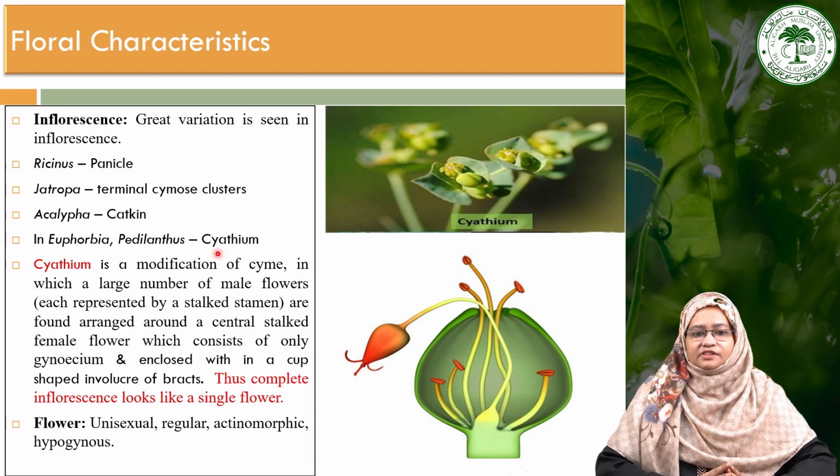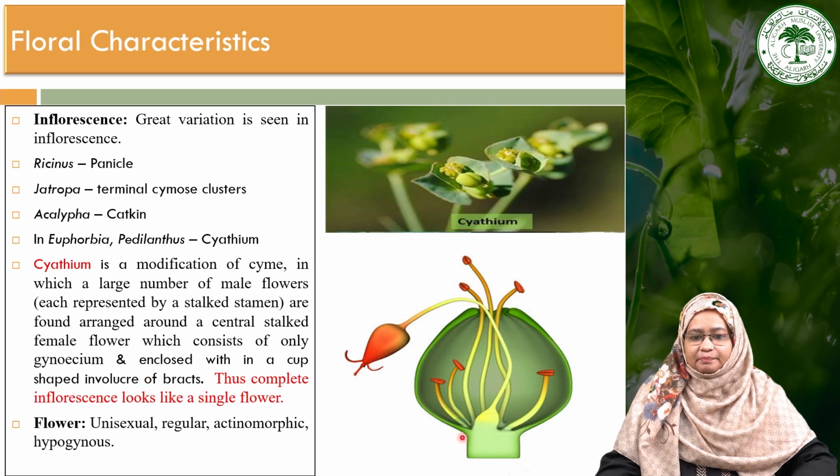As cyathium is a modification of the cyme, it is a special type of inflorescence in which a large number of male flowers, each represented by a stalked stamen, are found arranged around a central stalked female flower which consists of only one gynoecium and is enclosed within a cup-shaped involucre or bract, as we can see here.